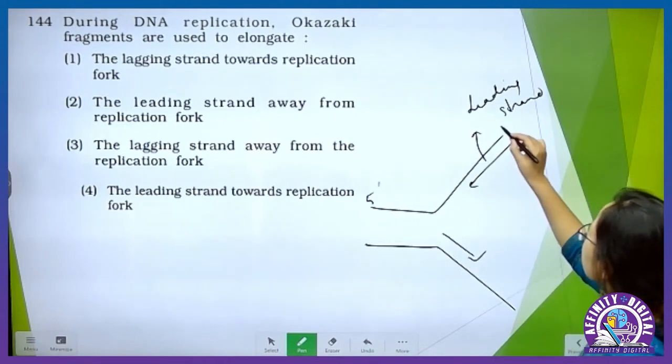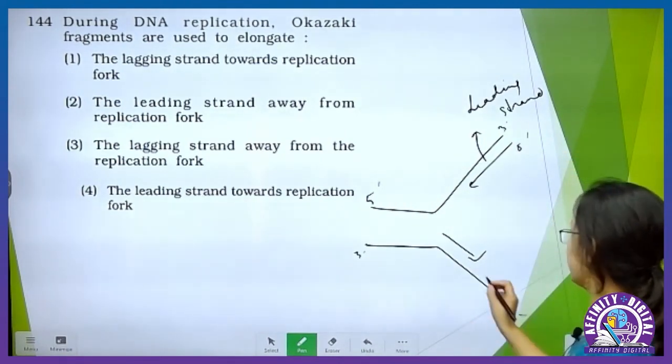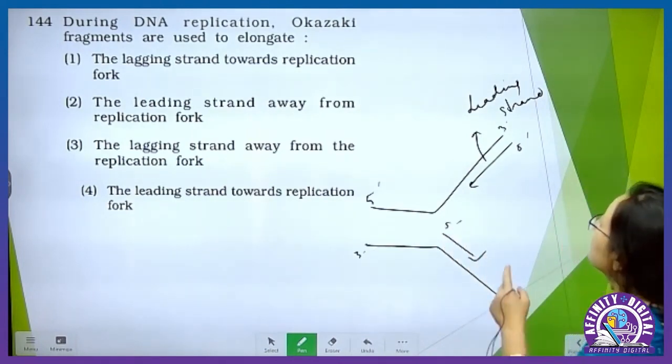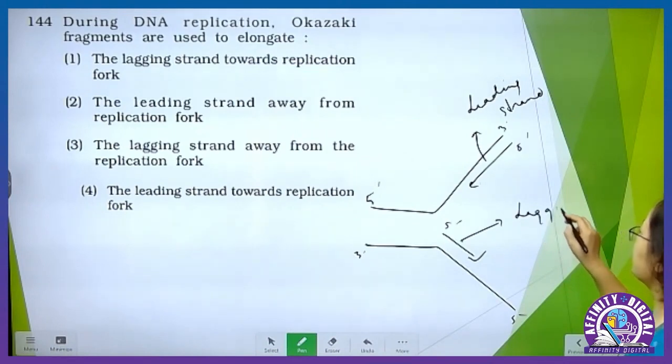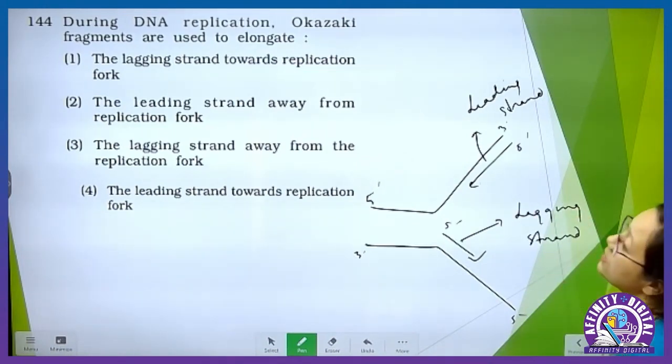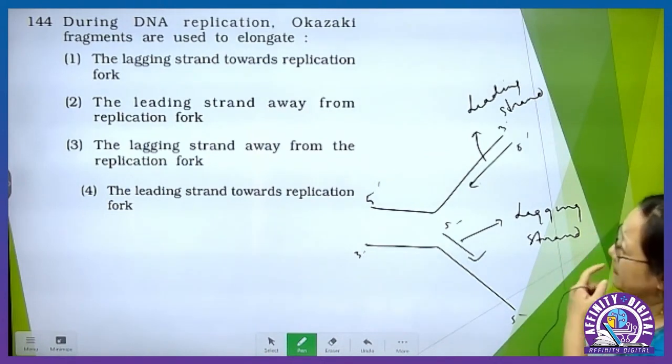Five prime, 3 prime, 5 prime, 3 prime. So this will be the leading strand. This will be the lagging strand. What happened here? Lagging strand, Okazaki fragments are used to elongate.